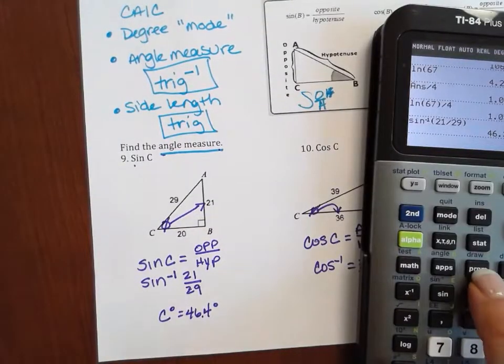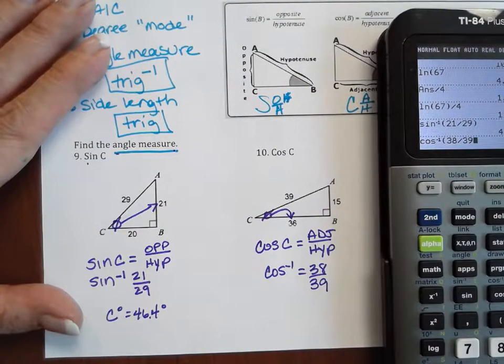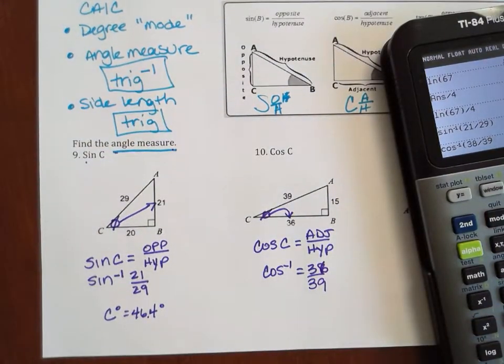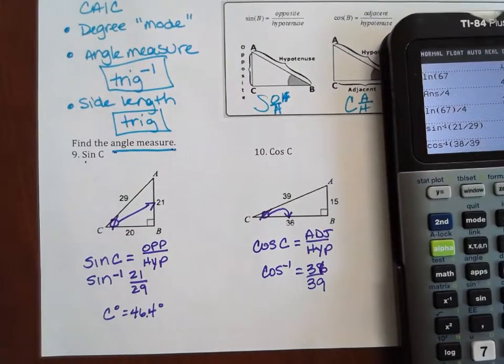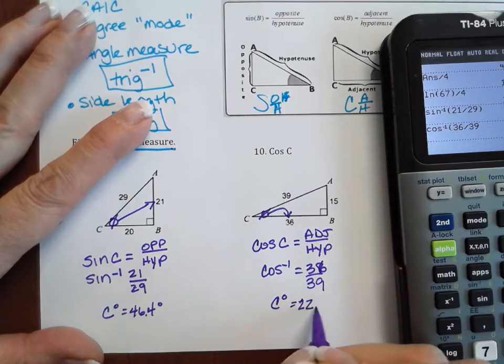So now I'm going to use the blue cosine button of 38 divided by 39. It's supposed to be 38? Oh, no, it's 36. It could be just because I don't have my glasses on. All right, 36. So my angle measure is 22.62 degrees.